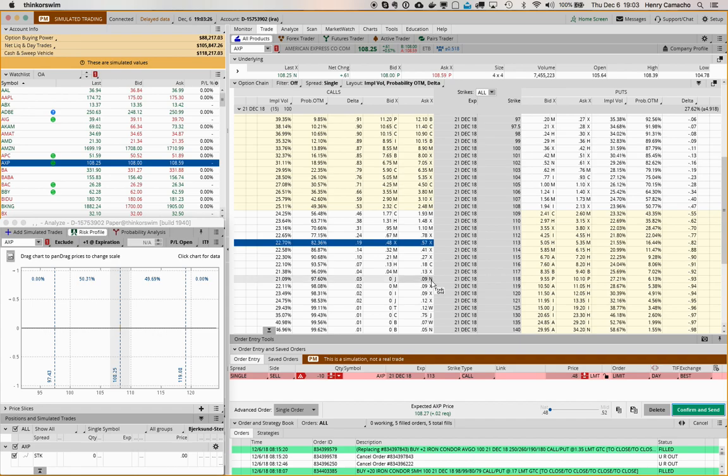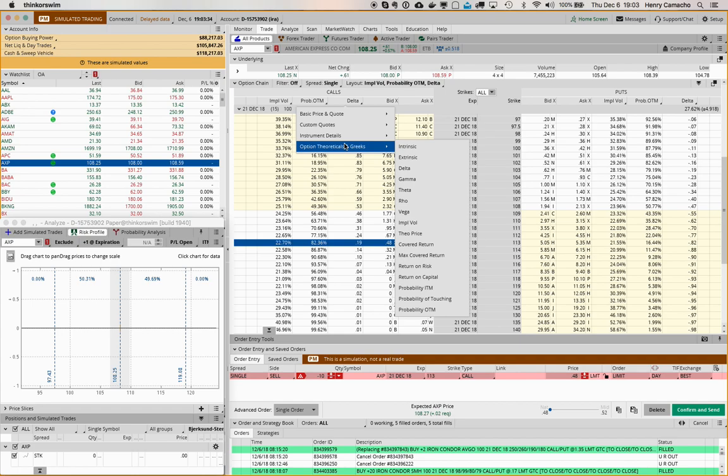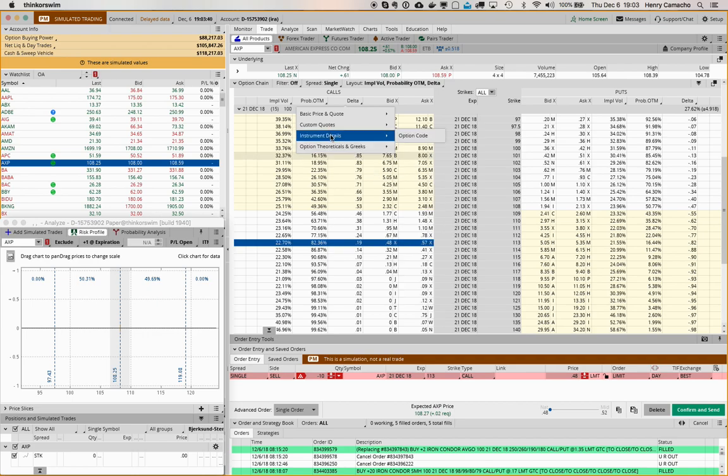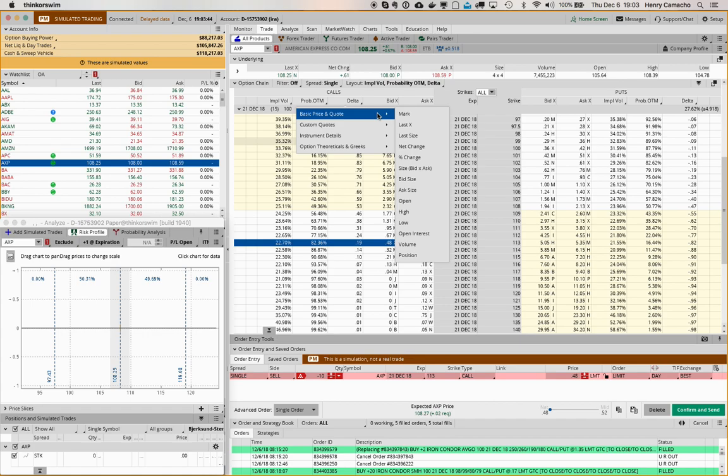As I look at the $5, there isn't a lot of, oh, we don't have open interest here. Let's switch this to open interest. Open interest, here we go.